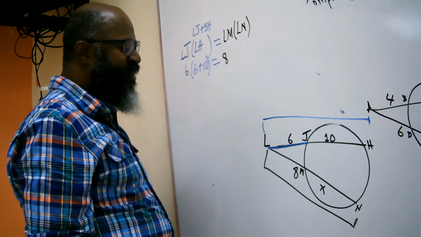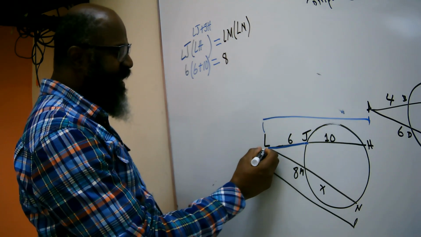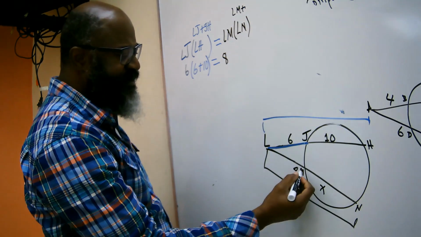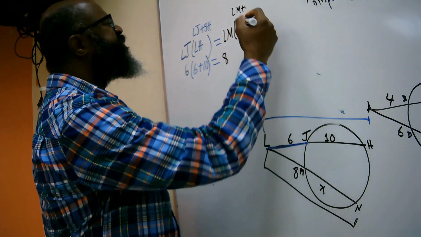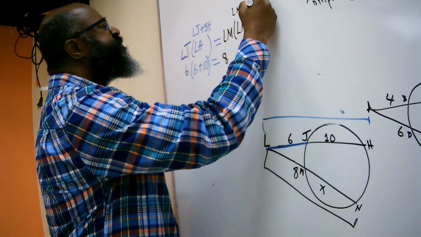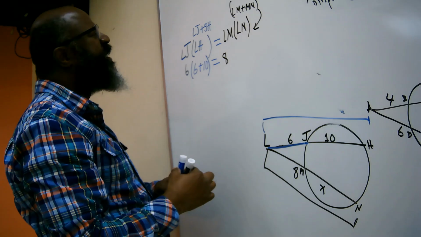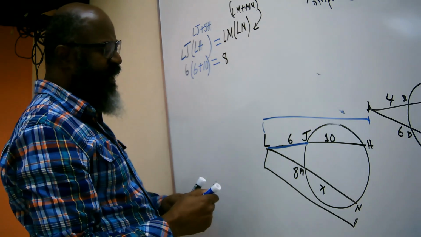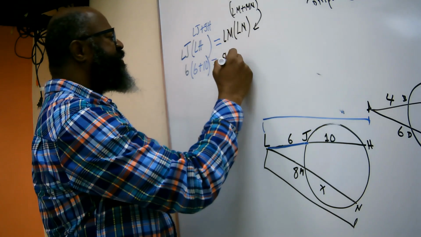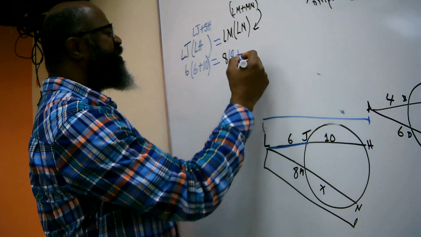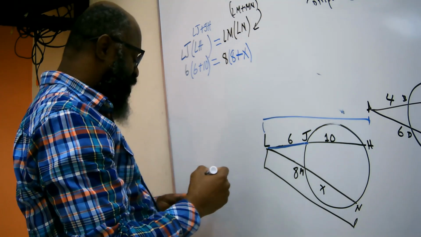Now remember, to find LN, it is LM plus MN. So what is LM? LM is 8 plus MN, which is x. So that will be your equation.